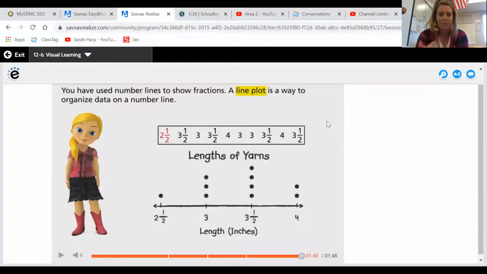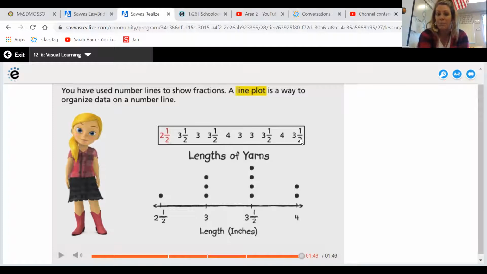Here is something that is very important. So come in close so I can tell you. You must always have the same number of dots as you do measurements. So let's double check and make sure that this line plot is correct. So this friend measured yarn, and they measured how many pieces? 1, 2, 3, 4, 5, 6, 7, 8, 9, 10.